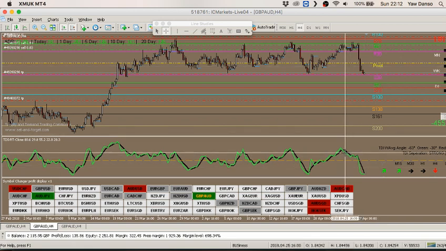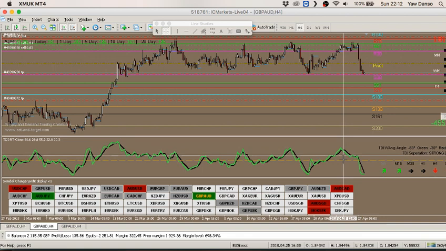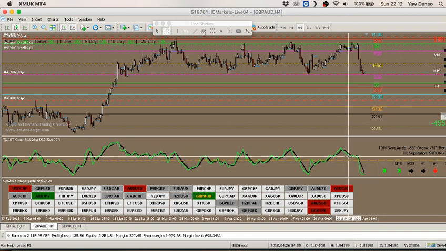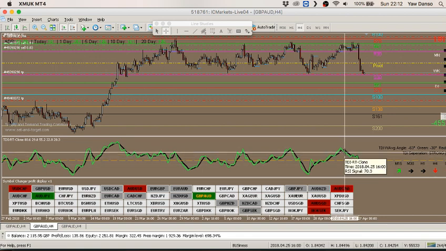This indicator actually, I'm not using it as the strategy, I'm using it as a confirmation of my trade. Does that make sense, Ben?